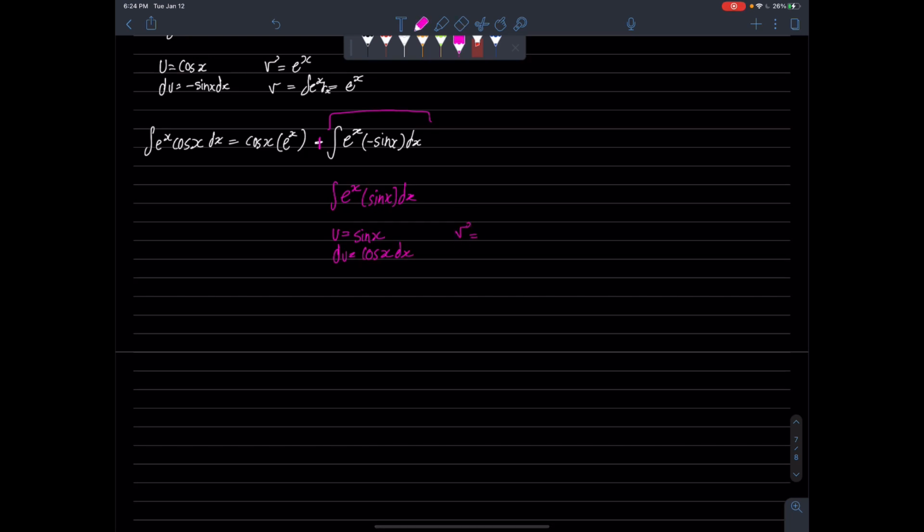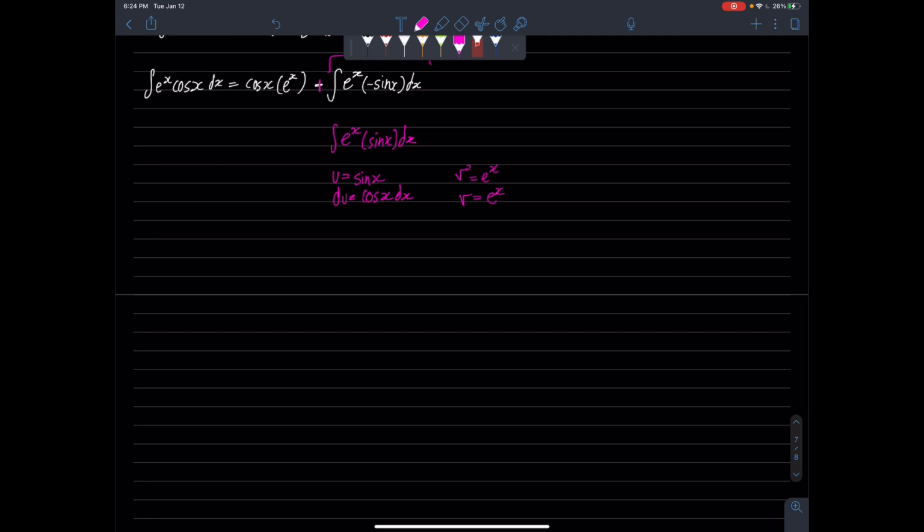V prime is going to be e to the x, so then v is going to be e to the x as well. So uv is going to be sin x times e to the x minus the integral of du, which is cos x, times v, e to the x, and then the dx from the du.